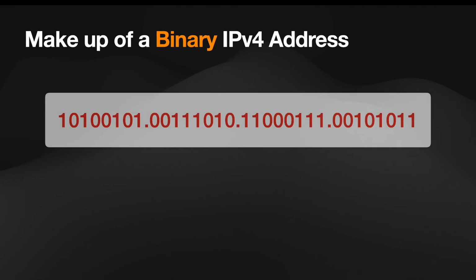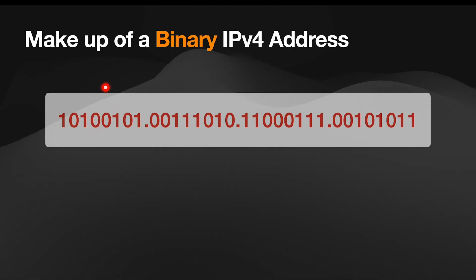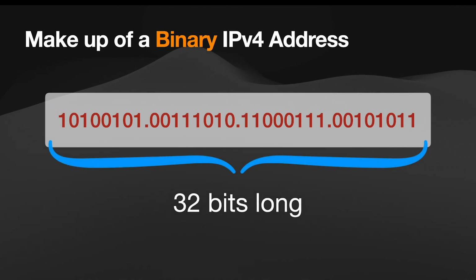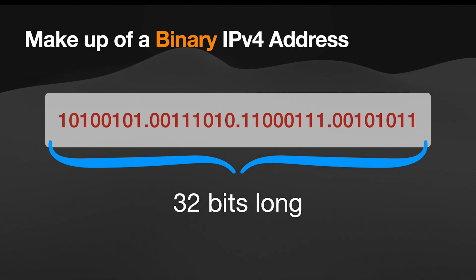So first let's go over what the makeup of a binary IPv4 address is. Right here you can see all these numbers are ones and zeros, which is binary. And there's going to be 32 of these ones and zeros. So an IPv4 address is 32 bits long.